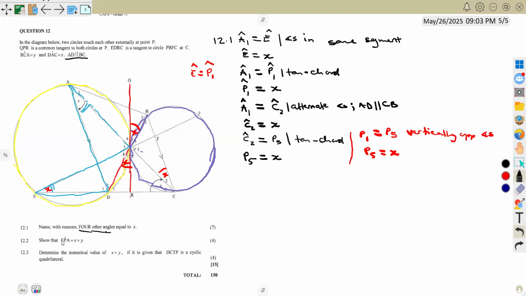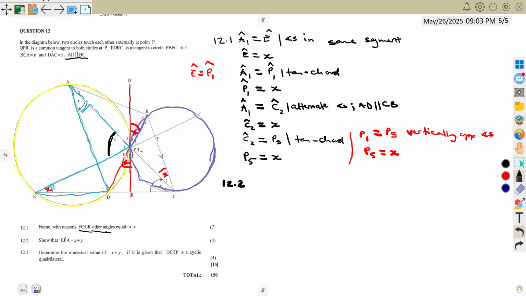Then the second part of the question, what is it saying? Show that EPA is equal to X plus Y. This is E, this is P, this is A. So it's 12.2. If you check in this triangle EPC, if the side CP is produced, we now have an exterior angle here.